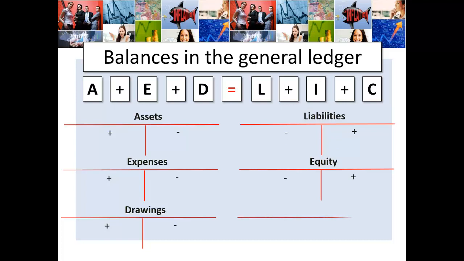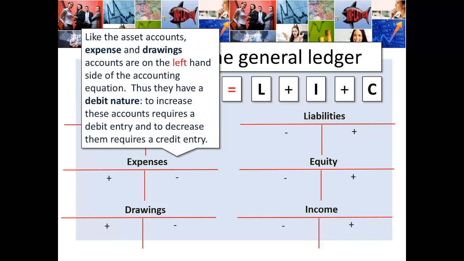On the other side, the LIC: liabilities, income and capital, it flips over. So on the left hand side we have negative, on the right hand side we have positive. Like the asset accounts, expense and drawings accounts on the left hand side of the accounting equation, they have the debit nature. Increasing these accounts requires a debit entry. Decreasing them requires a credit entry.